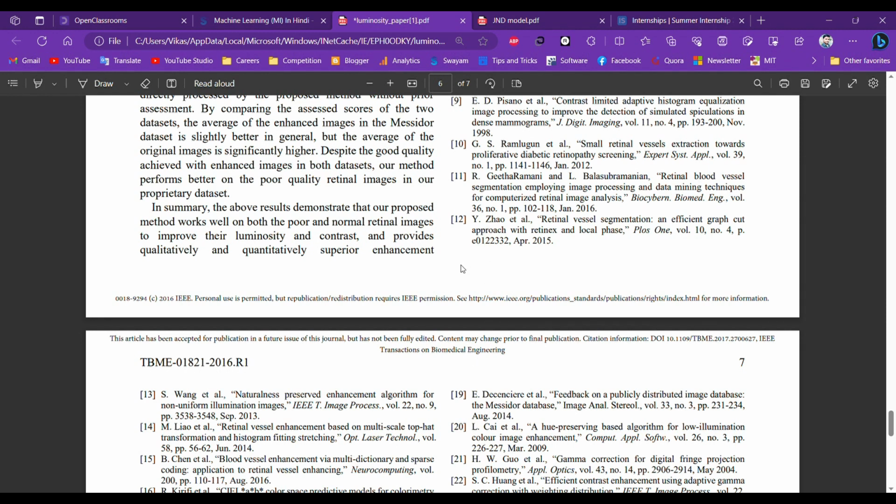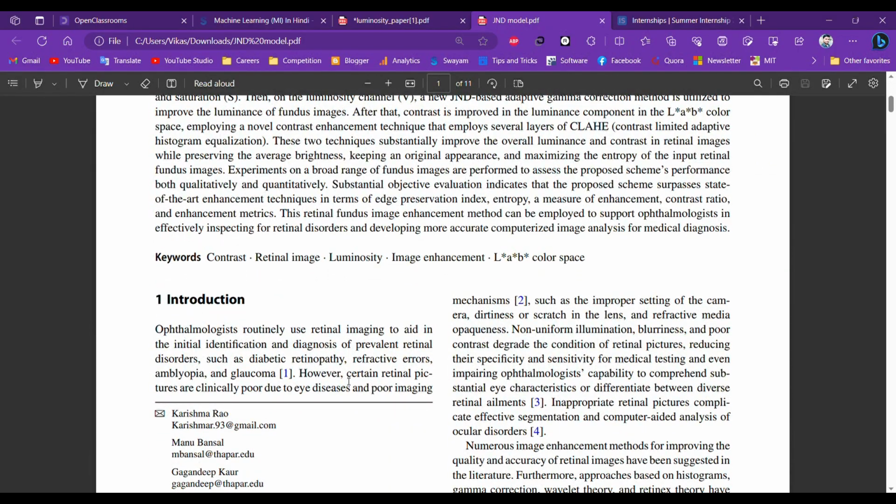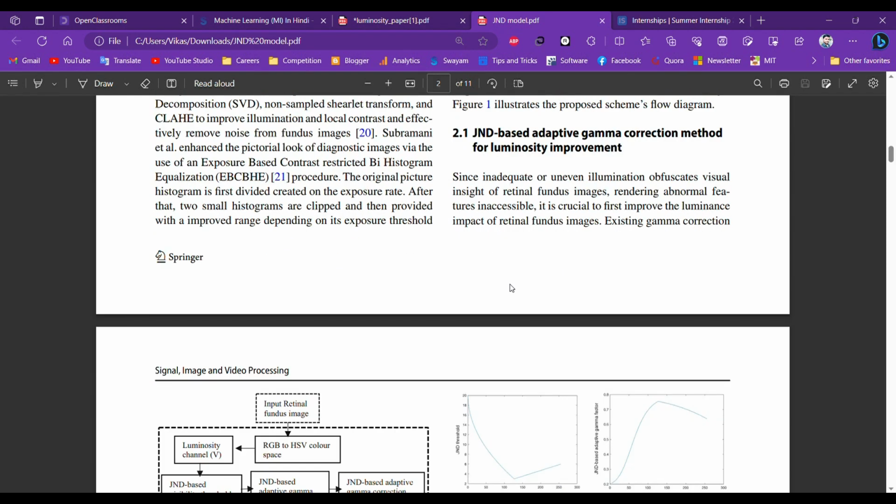After this proposed model, other research papers were also proposed, and we can read these research papers to improve enhancement and contrast enhancement for the retinal image and work on that with our college teacher. Our proposed model is very good.